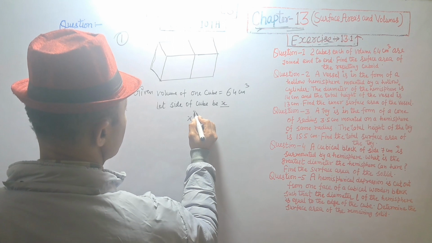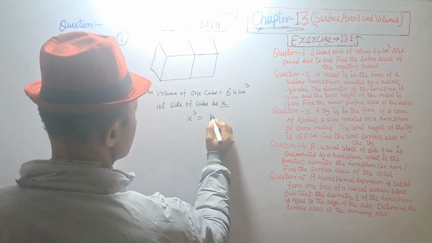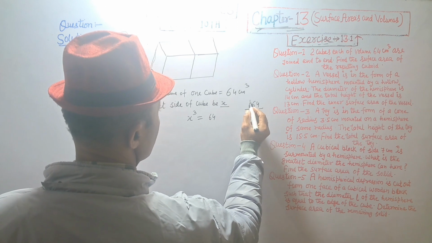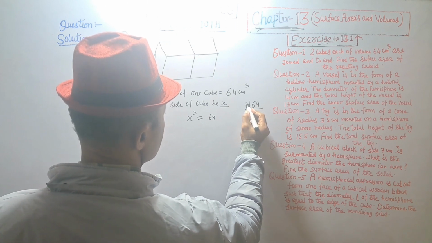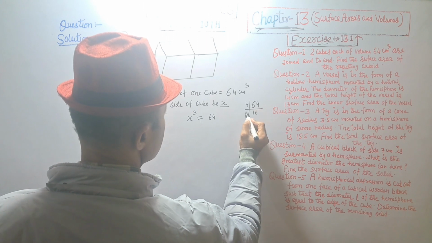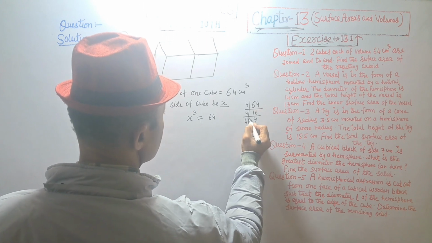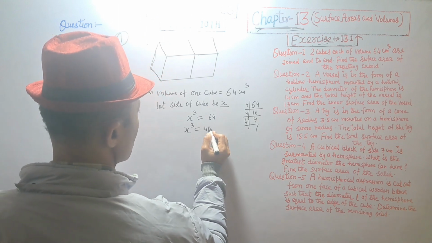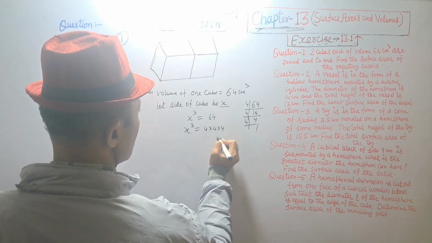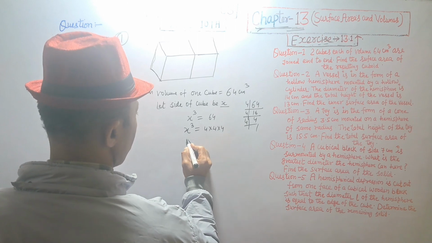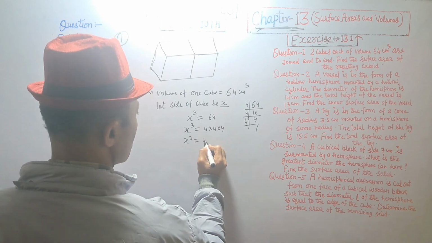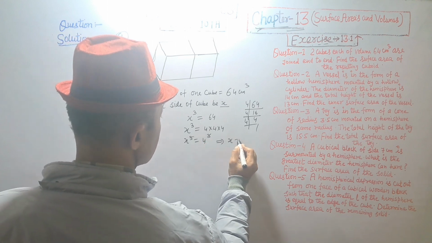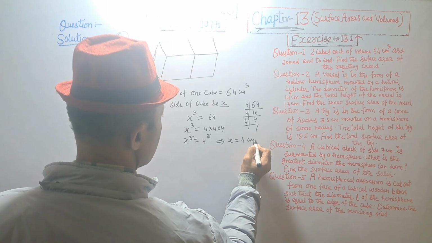Volume, that is x raised to power 3, is equal to 64, and 64 prime factorization is 4 into 4 into 4. X cube is equal to 4 into 4 into 4. X raised to power 3 is equal to 4 raised to power 3. This implies x is equal to 4 centimeter.